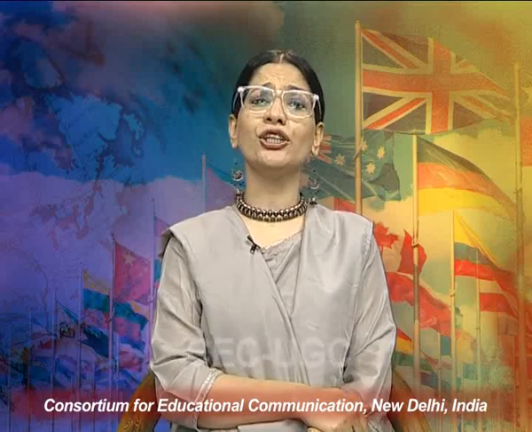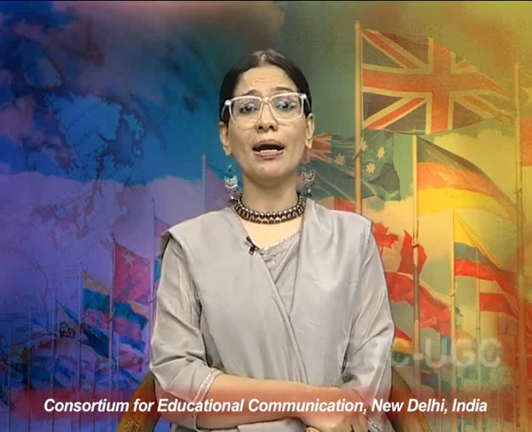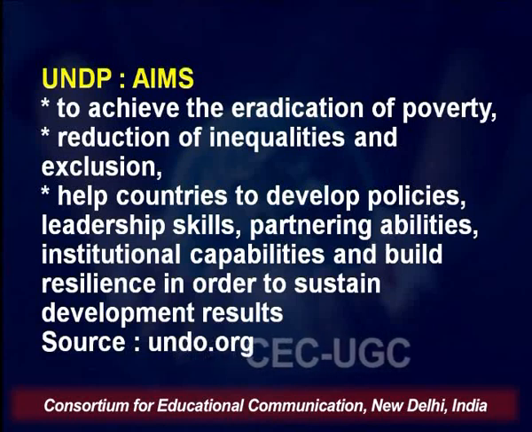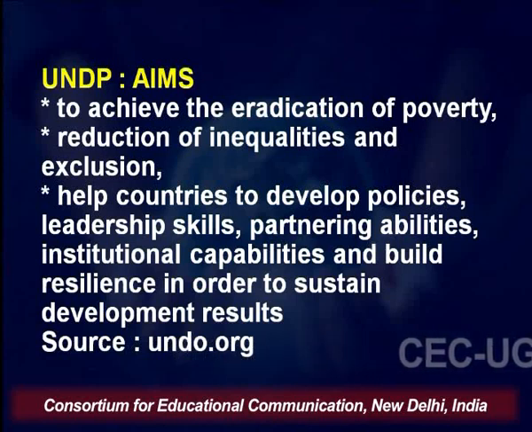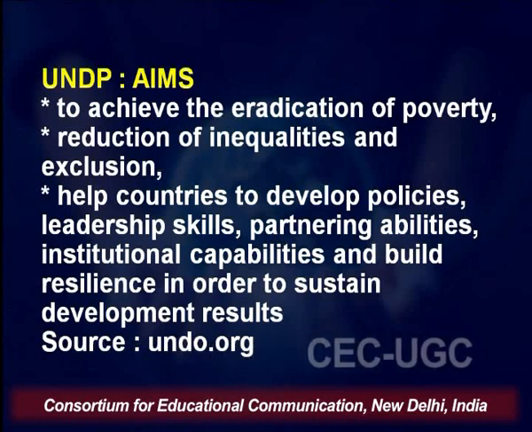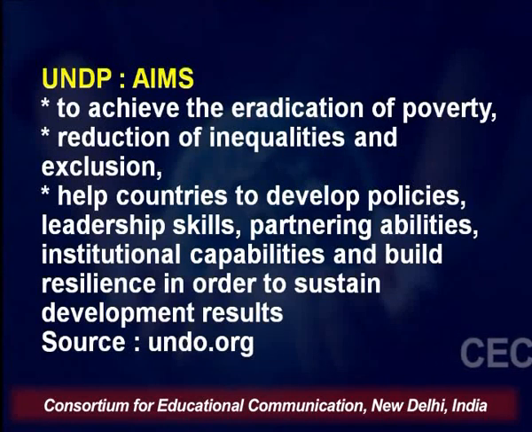The United Nations Development Programme aims to achieve eradication of poverty, reduction of inequalities and exclusion. UNDP aims to help countries to develop policies, leadership skills, partnering abilities, institutional capabilities and build resilience in order to sustain development results. We can study more about the aims of UNDP from undp.org.